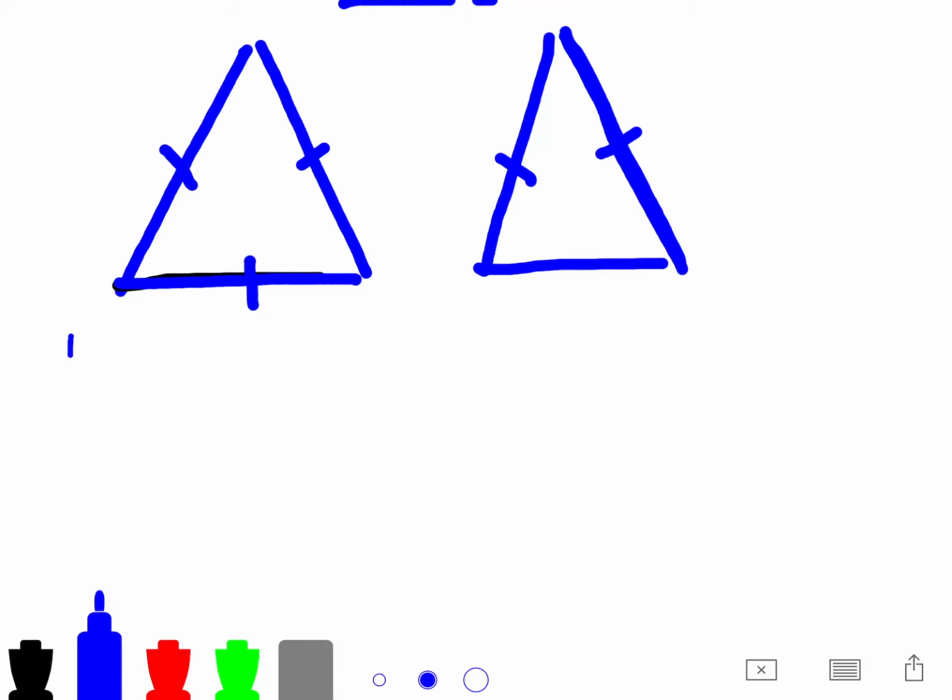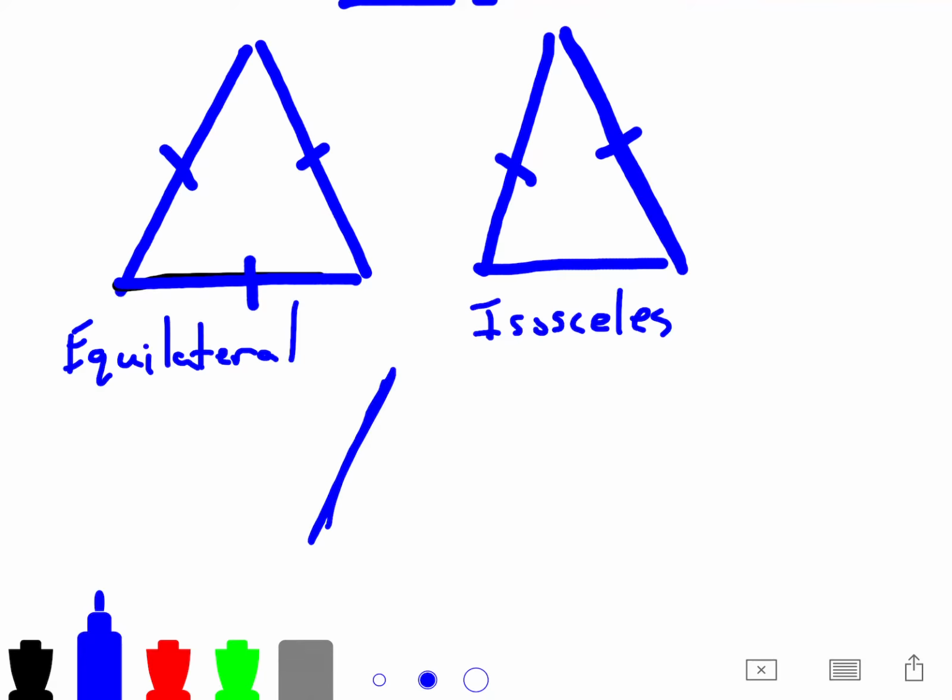So again, this is an equilateral triangle. And this one is isosceles. Now, if all three sides aren't the same, and if two sides aren't the same, then it's neither equilateral or isosceles.